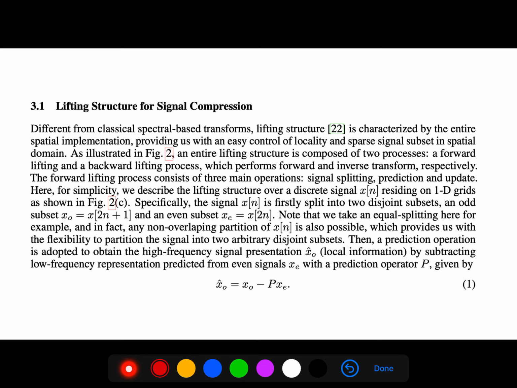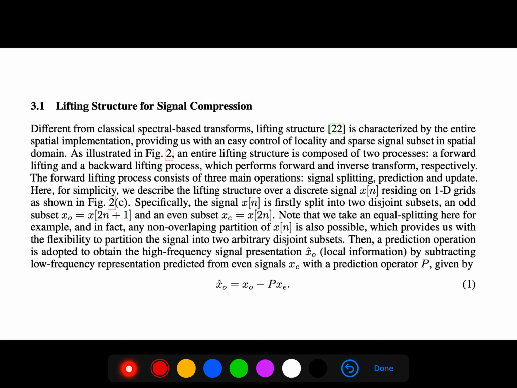So we describe the lifting structure over a discrete signal residing on 1D grids, and the signal x of n is first split into two disjoint subsets, an odd subset and an even subset.